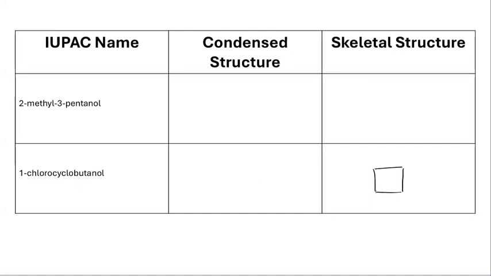Because this is cyclobutanol, somewhere in the molecule, I have to write the bond to OH. You can choose this position, this position, this position, or this position. Just write it somewhere. Once we have done that, the carbon that is holding the OH becomes carbon number 1.